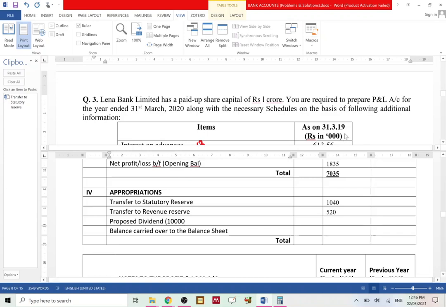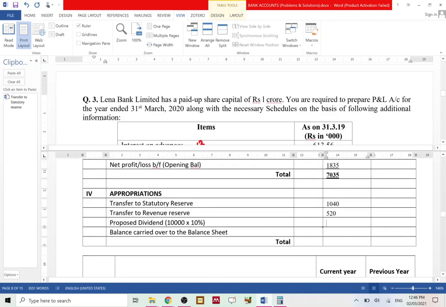Since we are writing all of these amount in 1000, we are reducing it to 1000. So the proposed dividend is 10,000 multiplied by 10%, right? We have been told it is 10% of the paid up share capital. Okay, so it is 10% of this 10,000, which gives us dividend of 1,000.